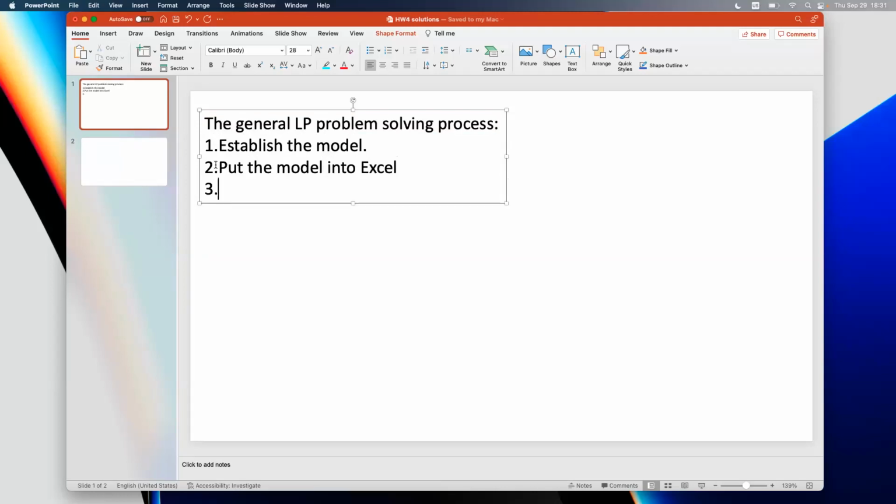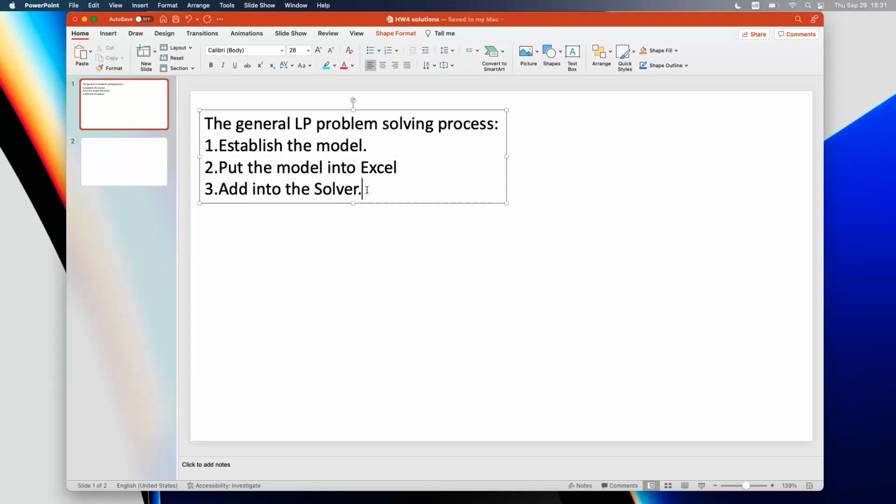And the last step, we want to add the model into the solver. Then we can click on solve, and the Excel computer is going to give us the results.